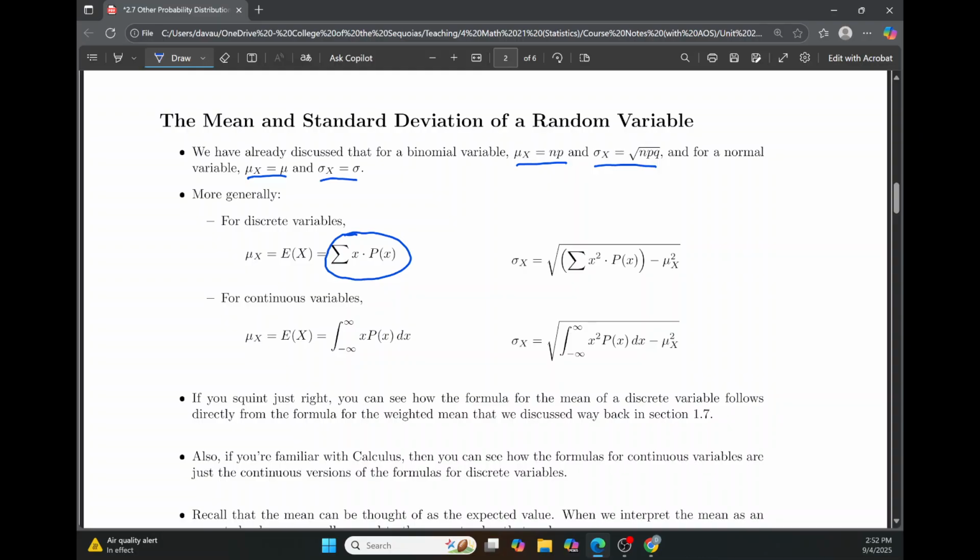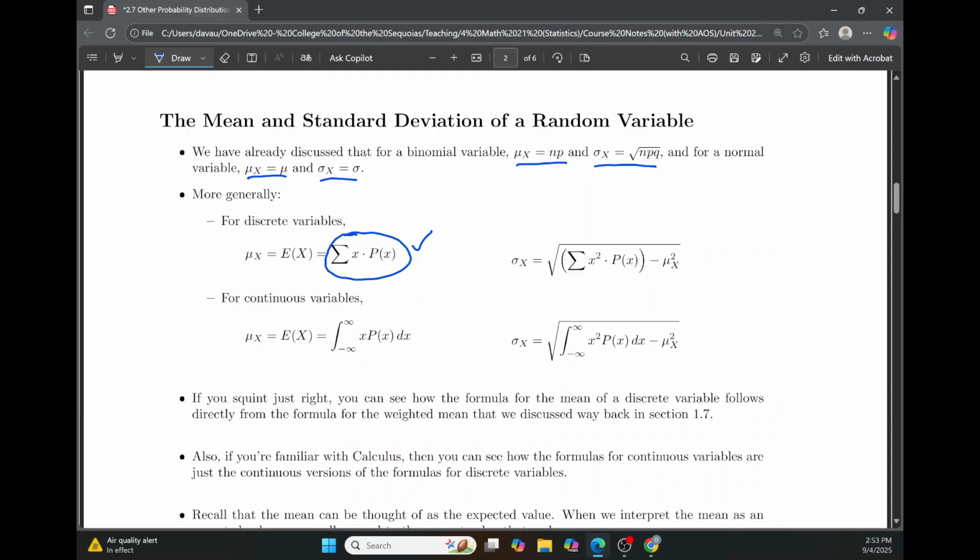At first glance, that may seem like a new thing, but really it isn't. We discussed the weighted mean way back in section 1.7 in chapter 1, and this formula is exactly the formula for the weighted mean that we discussed in that section.